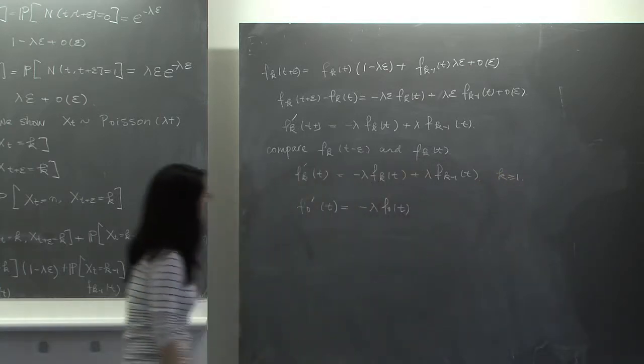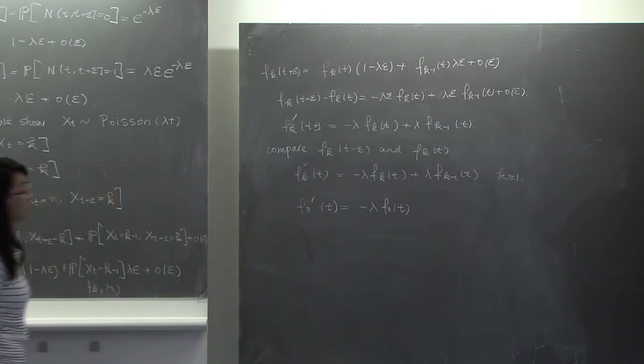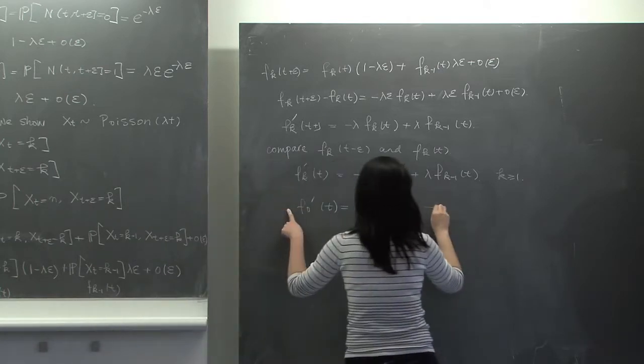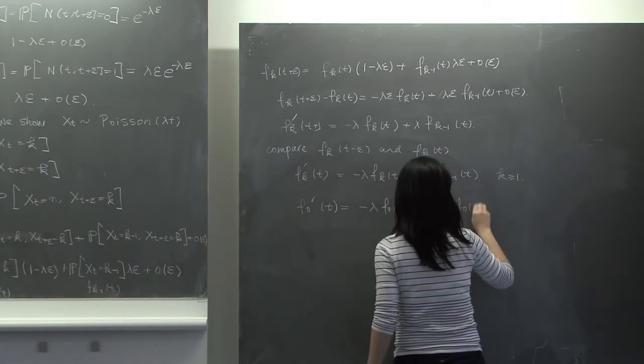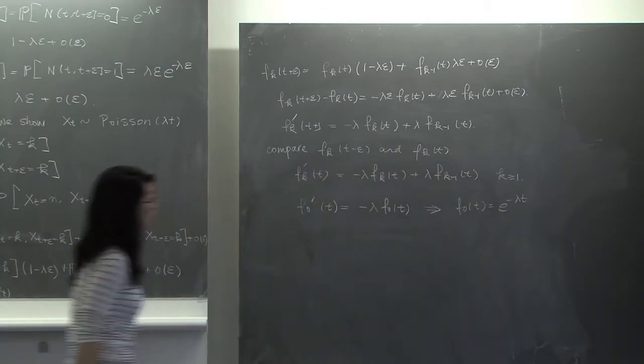And when k equals 0, this is the relation from this calculation. So from here, we can already see that this f_0(t) is exponential in t.